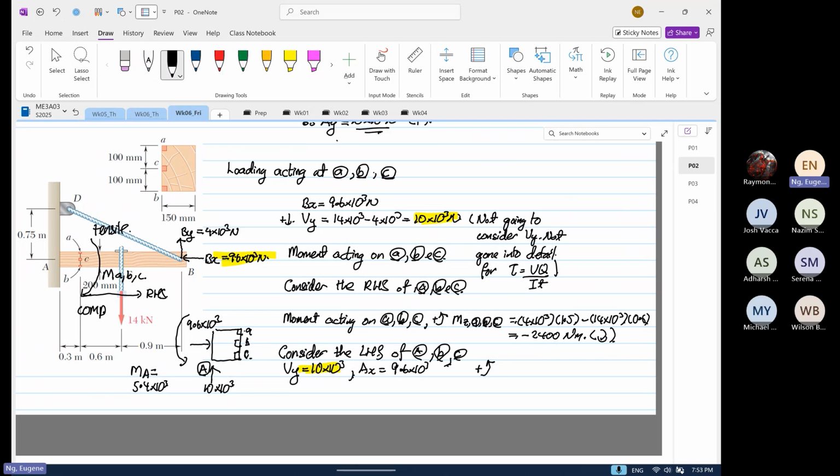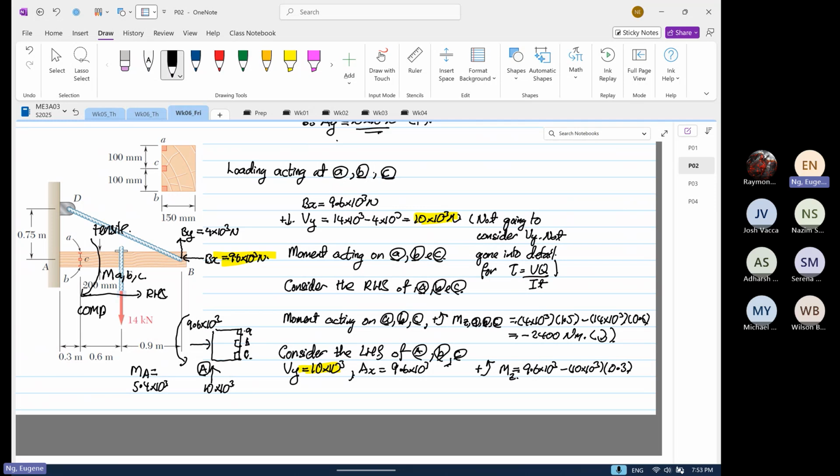So the moment at Z will be equal to 5.4, not 9.6, which is positive because it is anti-clockwise, minus 10 times 10 to the power 3 multiplied by a distance of 0.3.